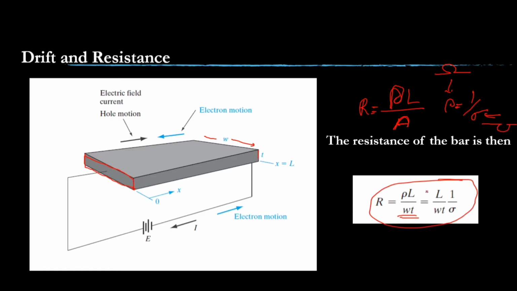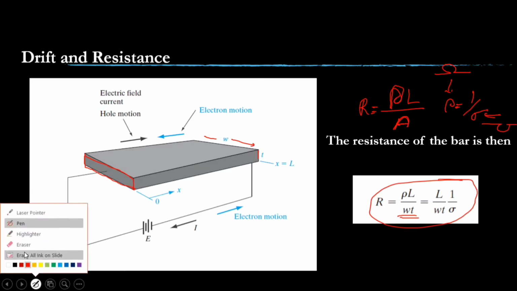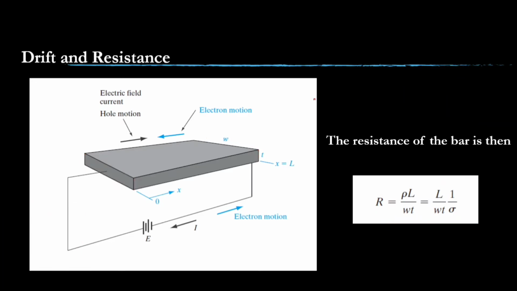And what exactly I want to tell you is something like this. Here this is the x-axis, this is the origin, and this is x equal to L, because the length of the semiconductor is L, the width is represented as W, and the thickness is T. Look at this, the electron motion is always opposite to the electric field.